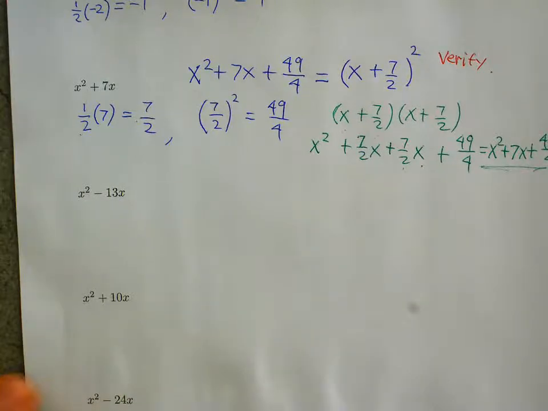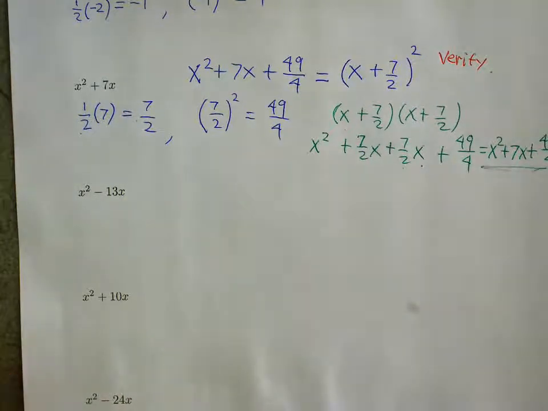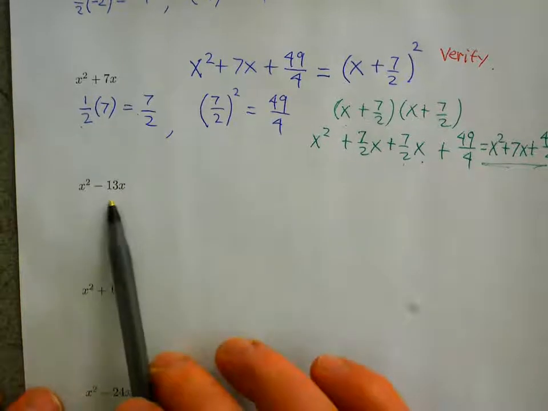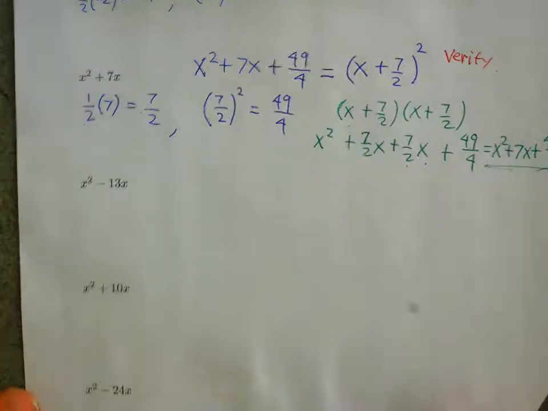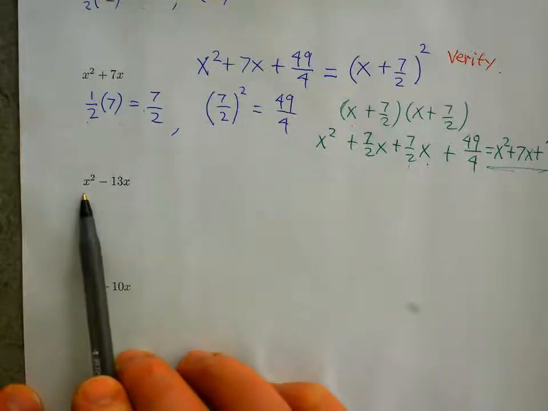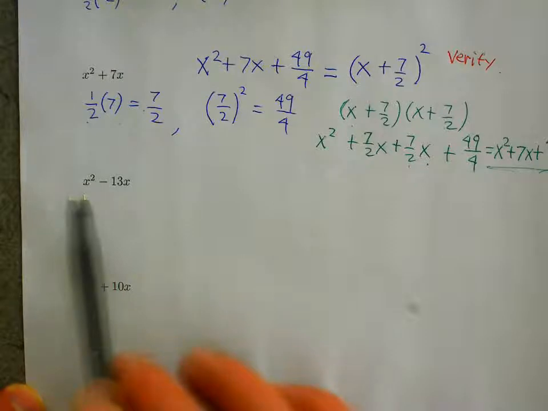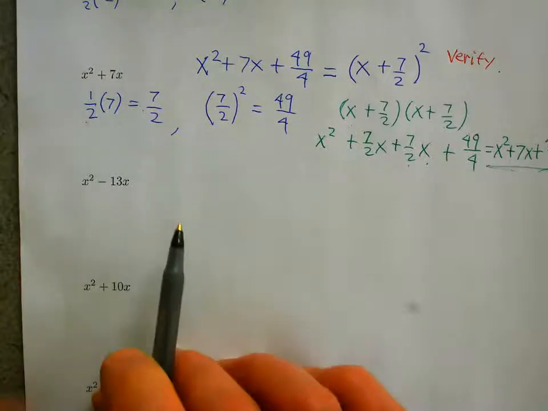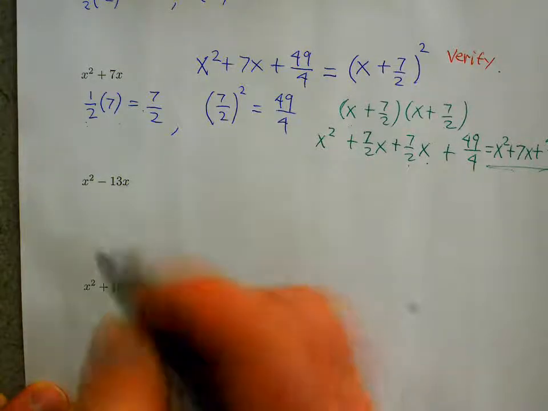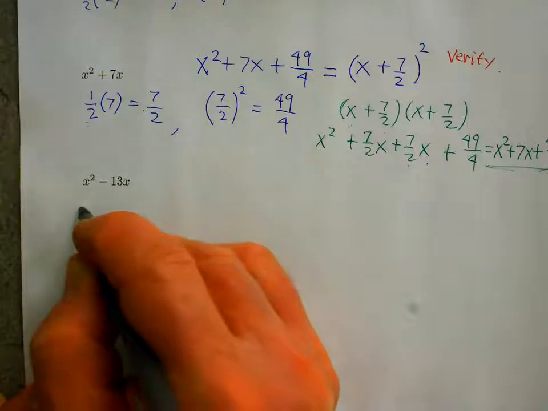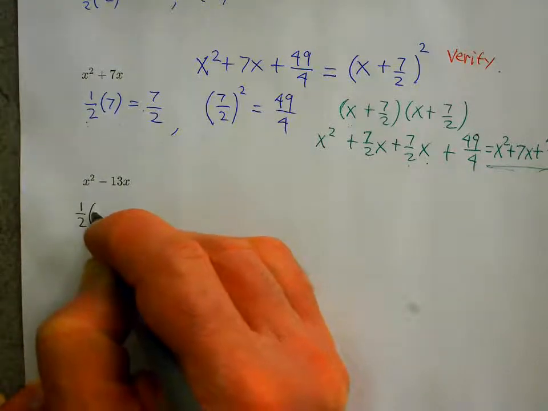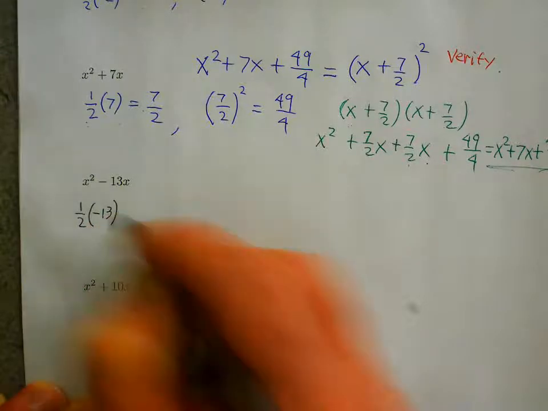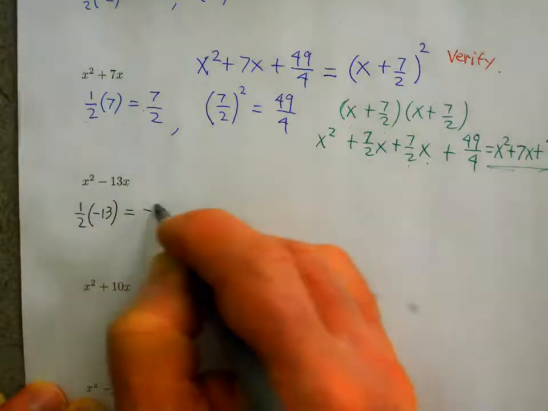Okay, the next one. x squared minus 13x. The coefficient of x squared is 1. So we proceed to the second step. We take 1/2 of the coefficient of x. So 1/2 of negative 13 is negative 13/2.